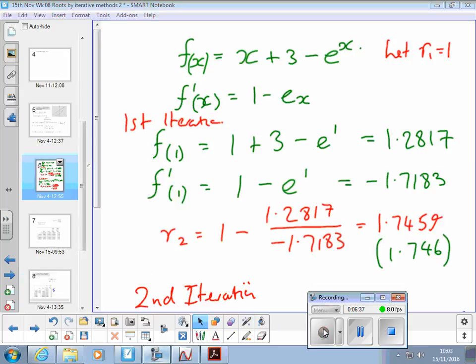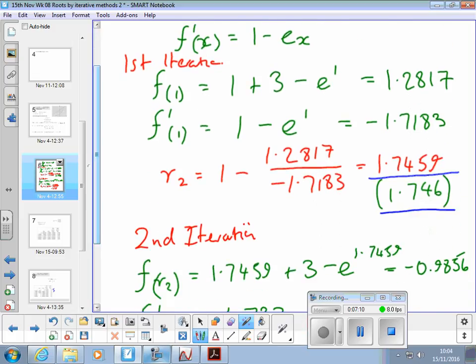For those watching the video on the first example, our function is x plus 3 minus e to the x. Start off with a first guess of r1 equal to 1. On the first iteration, the function at 1 is 1.2817 and the differential is minus 1.783, ending up with a new guess of 1.7463, to the 4 required decimal places.